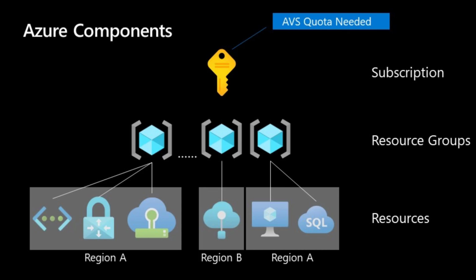The virtual network and the virtual network gateway can be existing or brand new, dedicated for AVS. And of course, the final thing that needs to be identified from an Azure component perspective to support AVS is what region you're going to deploy AVS to.